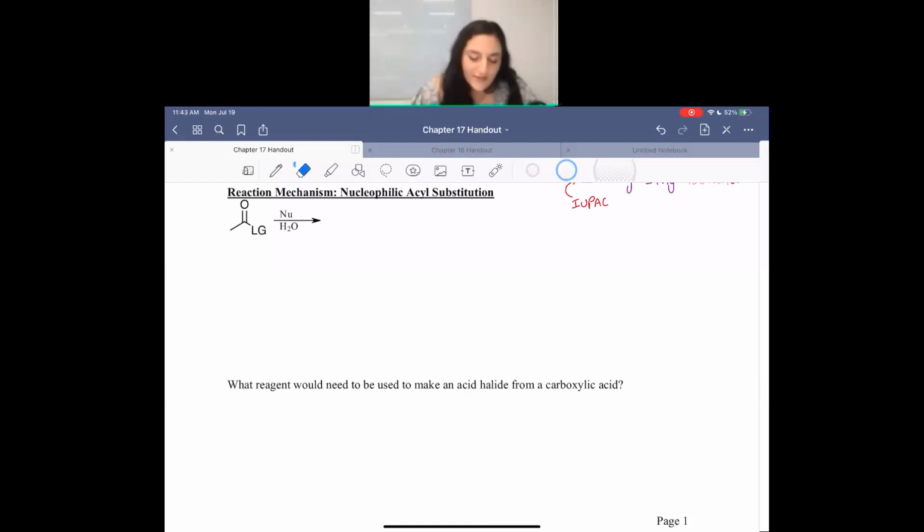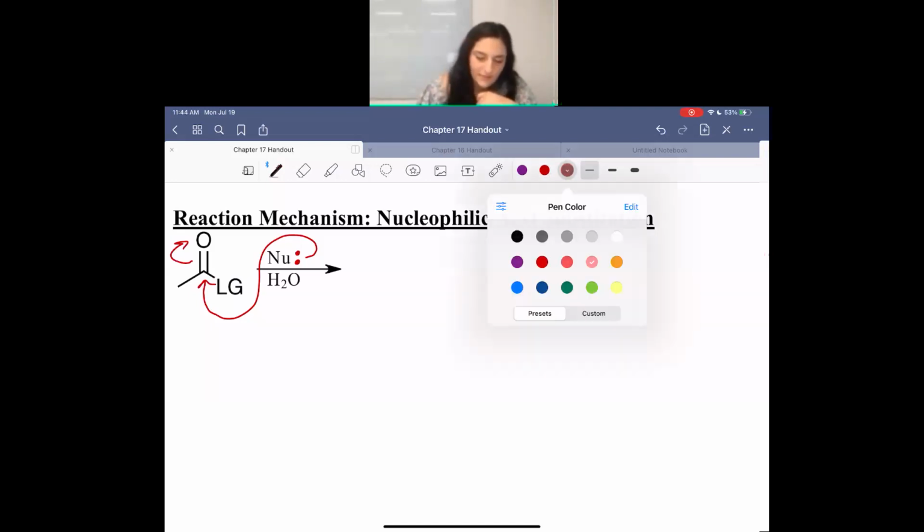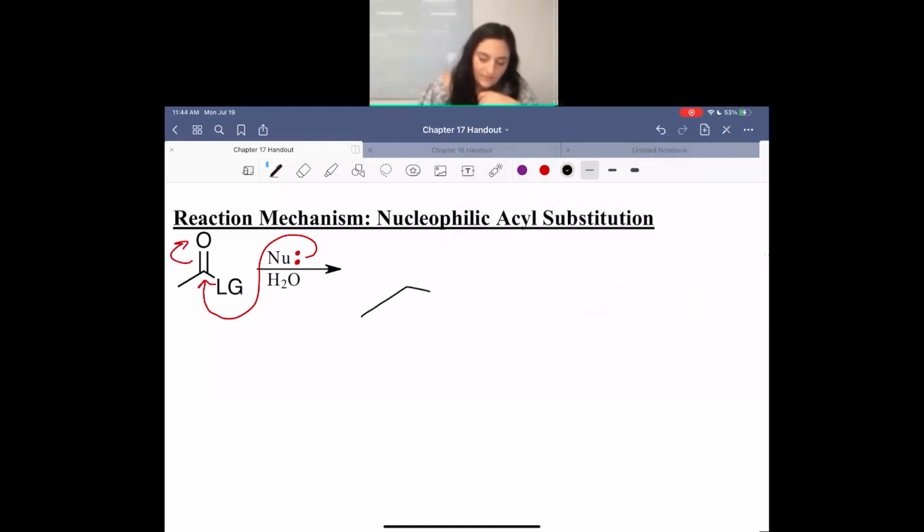So the general reaction mechanism for this whole chapter is going to be exactly the same. And it's going to go something like this. So we know our nucleophile has these electrons, right? So the nucleophile is going to attack the carbonyl carbon, bring those electrons up. We've seen this before, haven't we? Now, electrons go up.